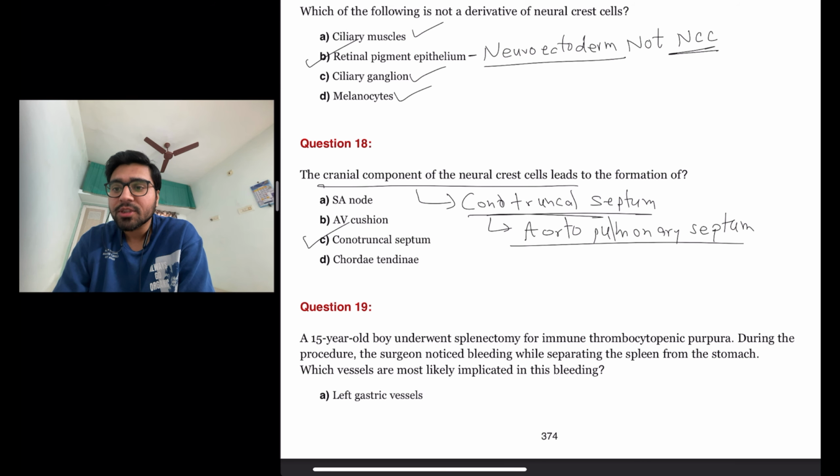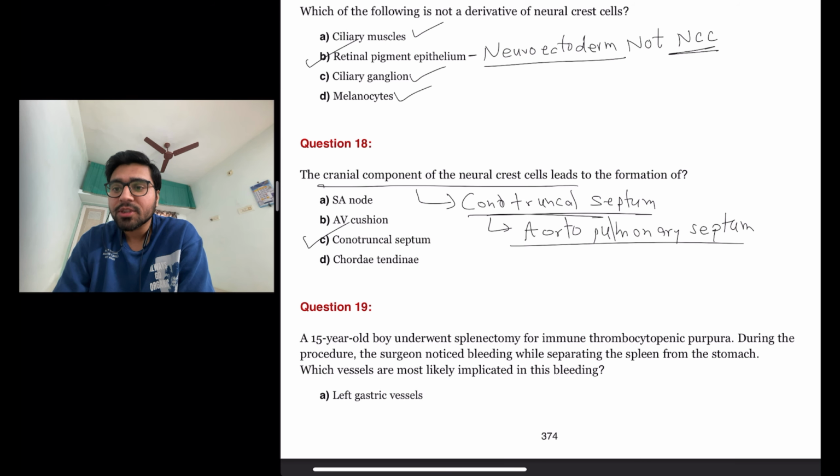The next question is identify the marked structure. This image is showing the formation of notochord. And the marked structure is primitive streak. So the answer here is A, primitive streak.